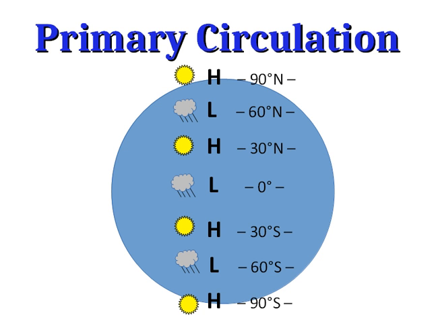We get a low pressure zone at the equator, then we get high pressure zones at 30 north and 30 south, then low pressure at 60 north and 60 south, and high pressure again at 90 north and 90 south, the north and south pole. So that means that we're going to tend to get lots of rain at the equator. We're going to get dry conditions at 30 north and 30 south, rain again at 60 north and 60 south, and dry conditions at the poles.